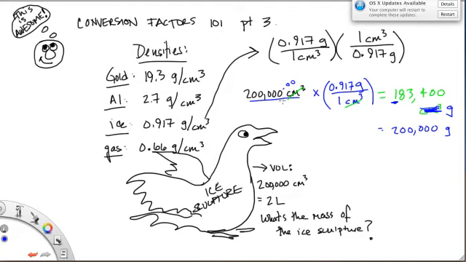Let's say that I have 552 grams of ice knocked off this ice sculpture. Okay, some kid comes along and kicks off the wing. Oh no!